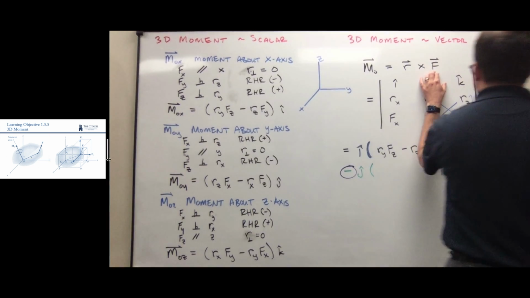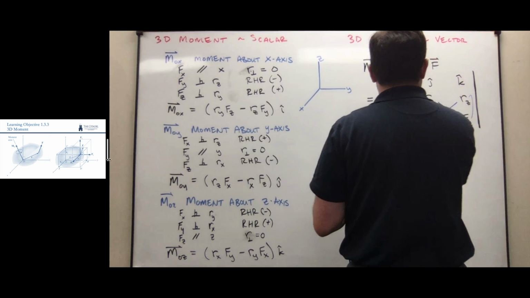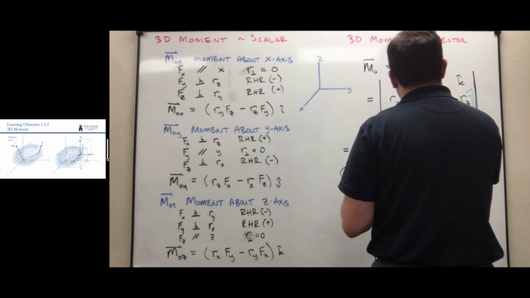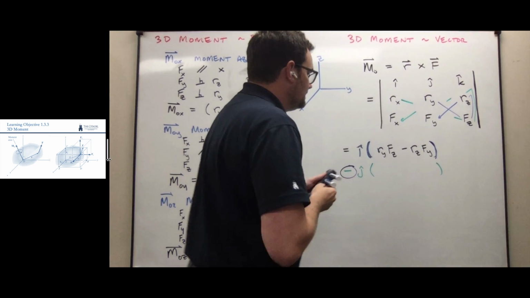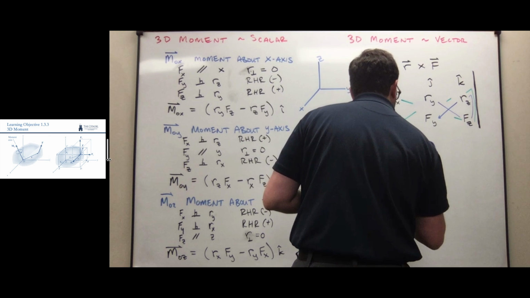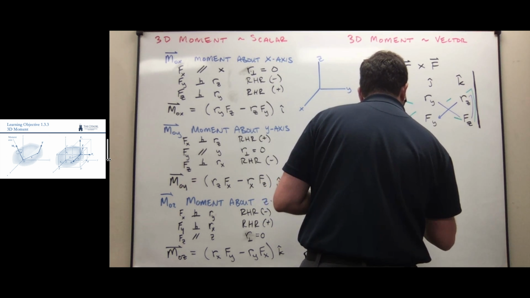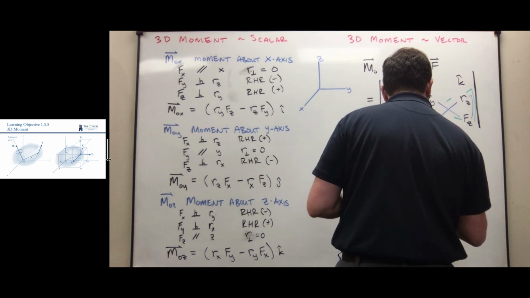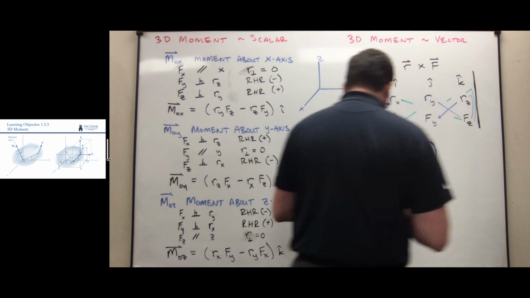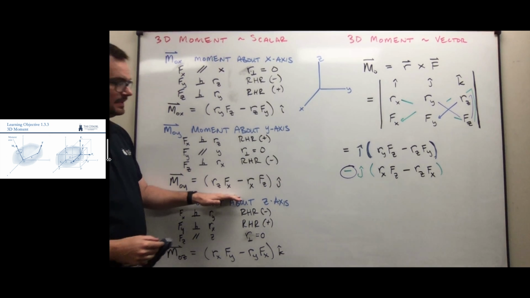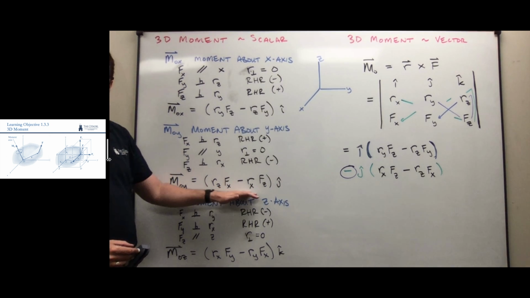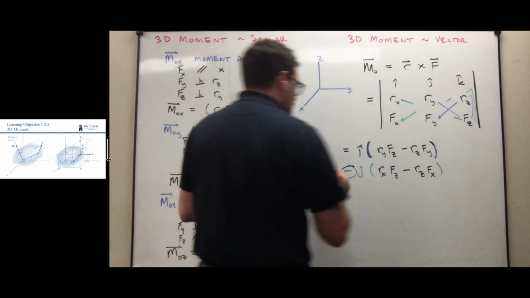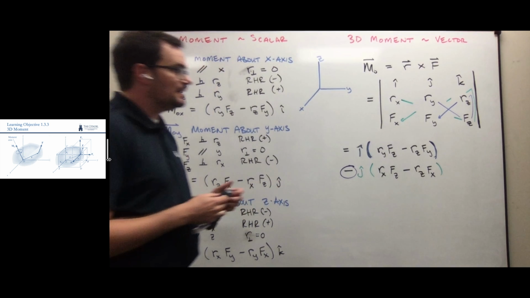I cover up my J column, and then I do the 2 by 2 determinant where I'm going to say Rx times Fz minus Rz times Fx. And we'll notice here that it's actually the same as this once I multiply that negative sign through. So this negative sign is a real big deal. Got to make sure we have that negative sign in there.